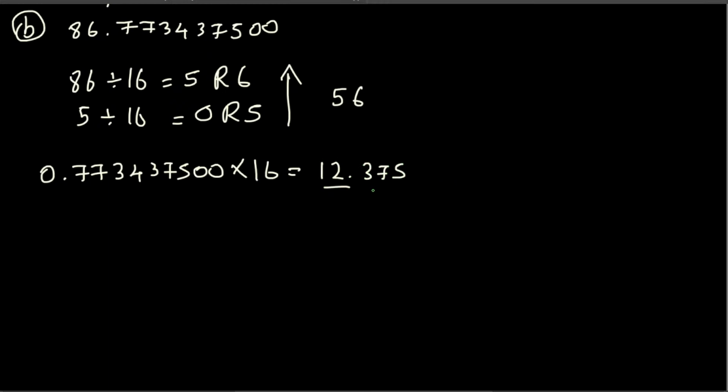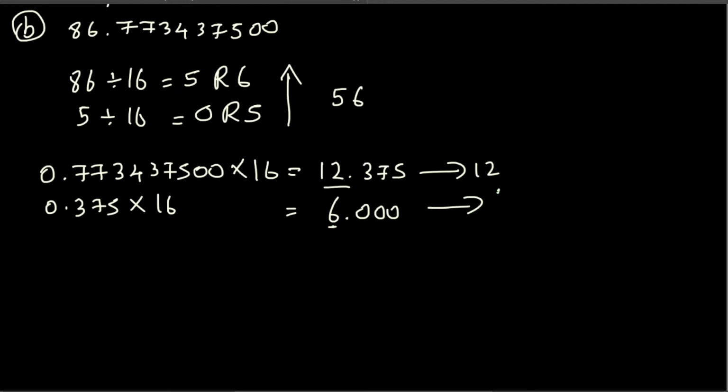Here 12 is in front of the decimal point, so we put that right here, and then 0.375 is the value after the decimal point. 0.375 multiplied by 16 gives us 6.00. Once we get the 0.00 situation, we stop right there, and we put the values in front of the decimal point right here, and we read this from top to bottom.